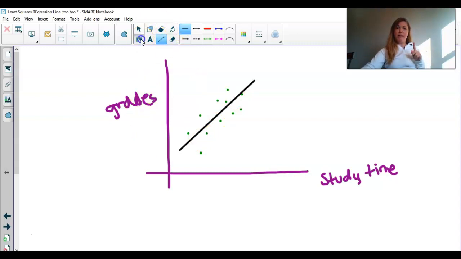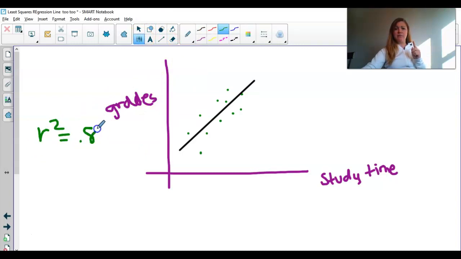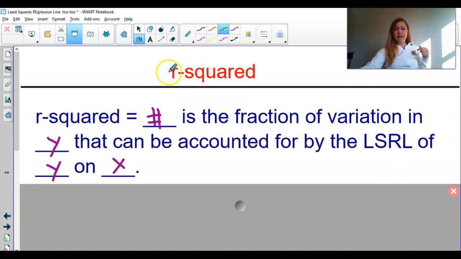So let's just play pretend. Let's say that R squared is equal to 0.80. Let's go back to this definition now. I just made that number up. It's an easy number to think about. R squared equal to 0.80 is the fraction of variation in Y. So what were we looking at?